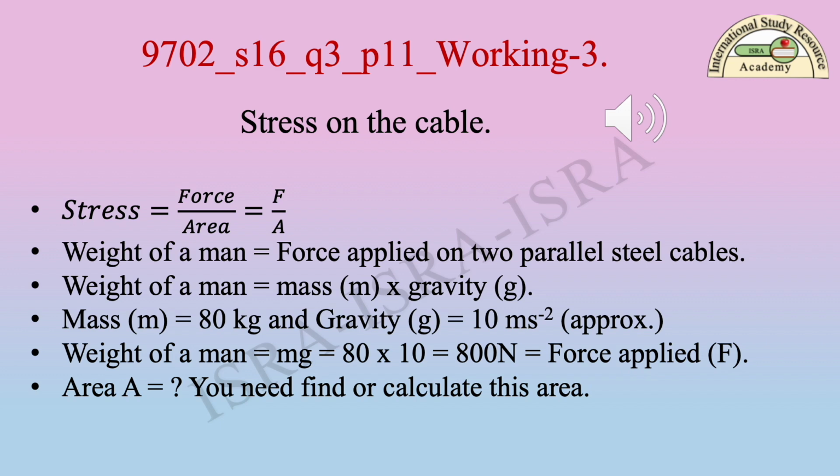Mass m is equal to 80 kg and gravity g is equal to 10 meter per second square approx. Weight of a man is equal to mg is equal to 80 times 10 is equal to 800 Newton is equal to force applied capital F. Area capital A is equal to question mark. You need to find or calculate this area.